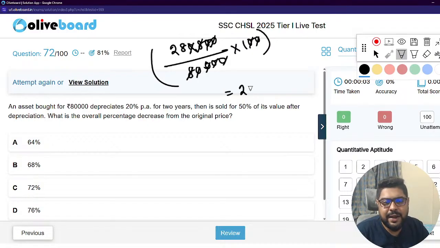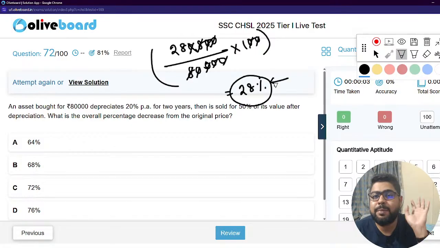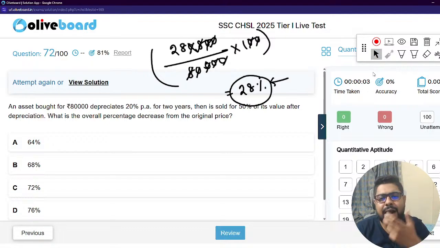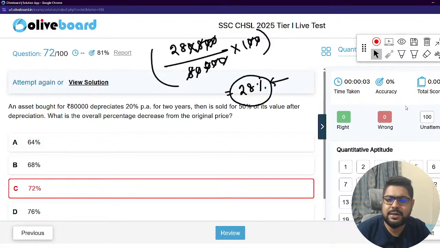So ultimately 28% value remaining. This is not depreciation, this is value remaining. So how much depreciation, sir? 100 minus 28, 72%.